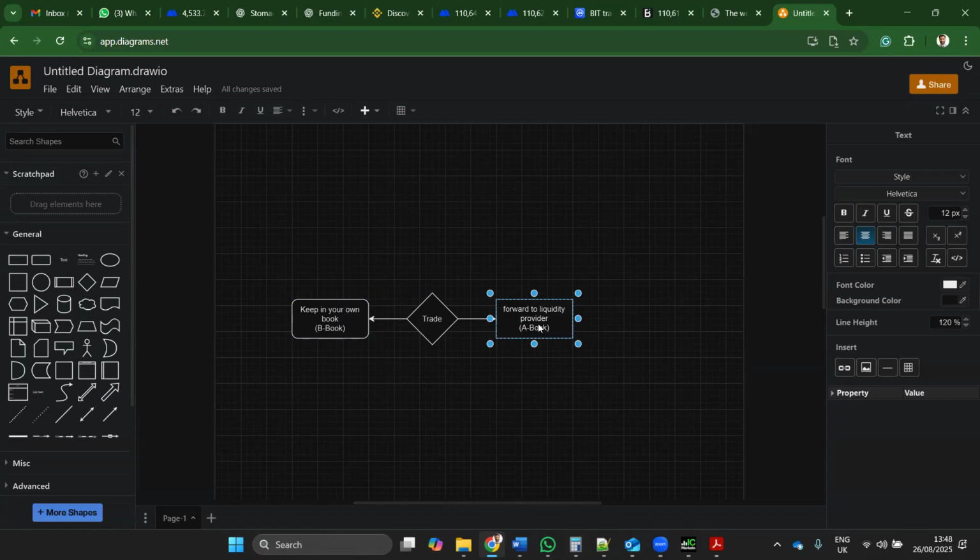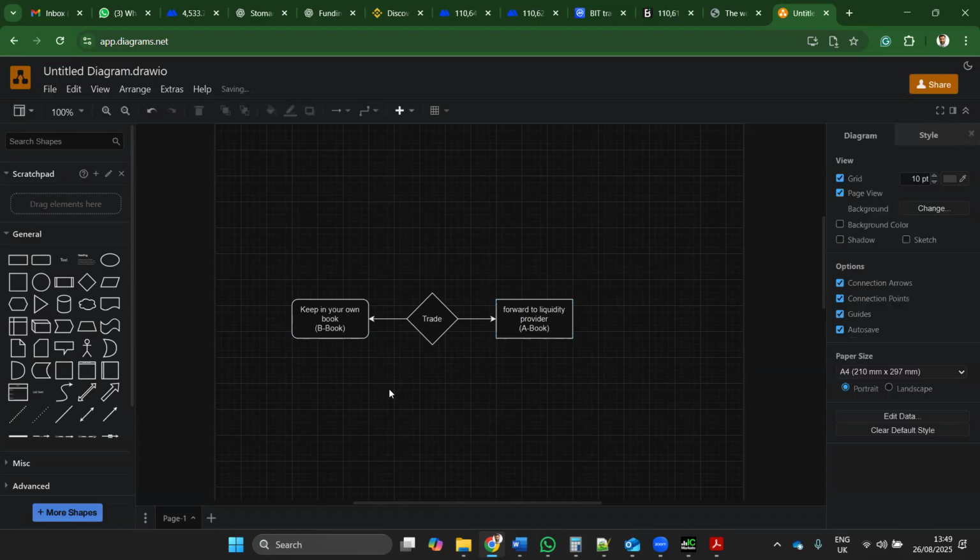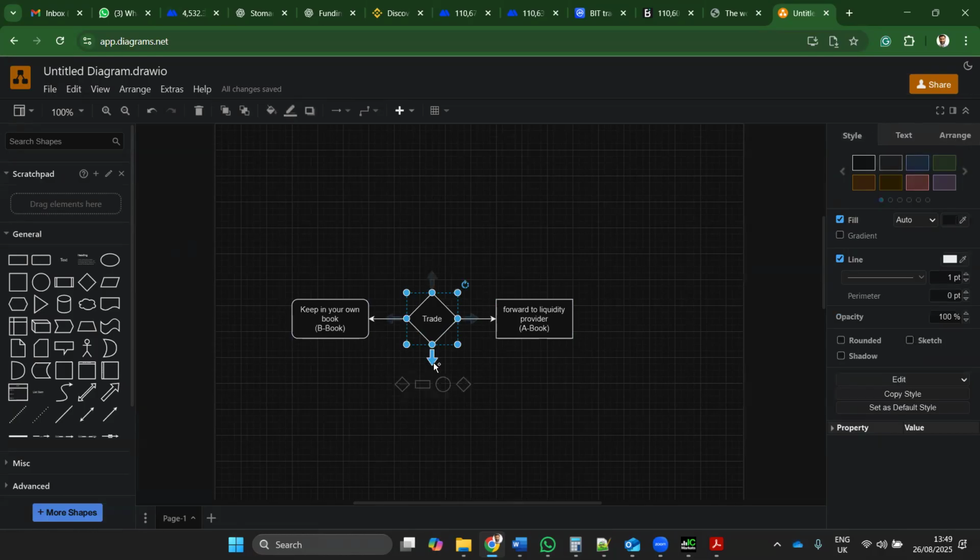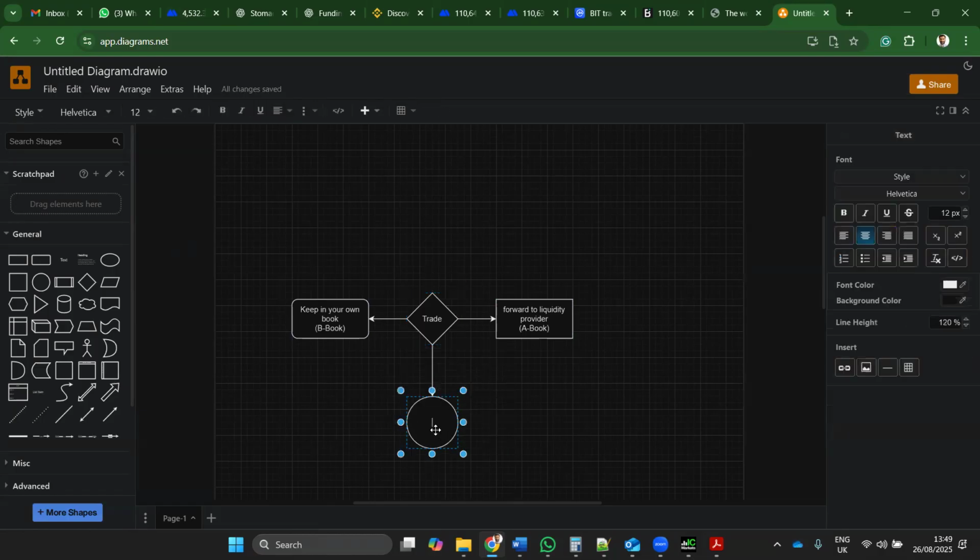For the B book, does it mean the broker takes the risk? Yes. So if I am the trader, I issue the trade. This is the person who starts the trading.